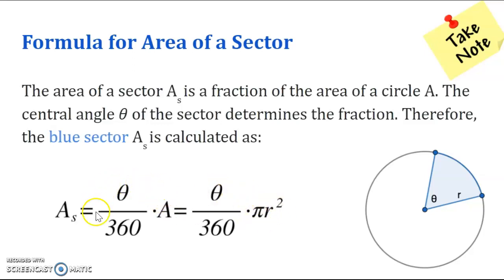So you have two different equations. I find it easier to just deal with this because I know what the area of a whole circle is. So think of why the formula is what it is, instead of just brute force trying to memorize it, because again you're going to get them mixed up.